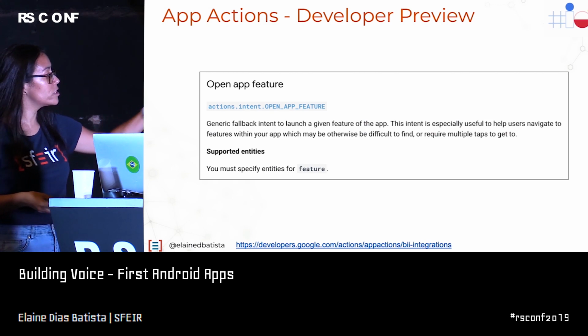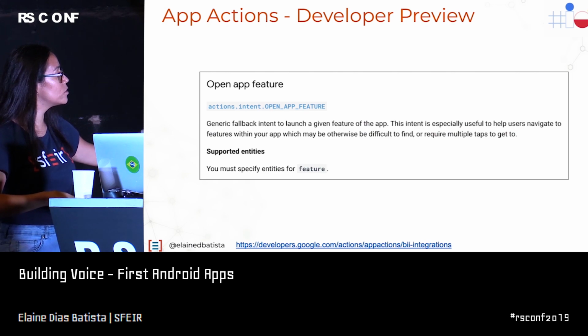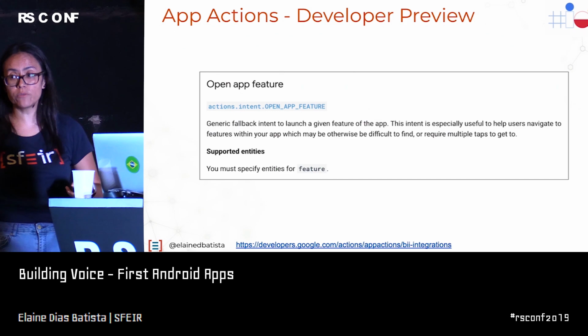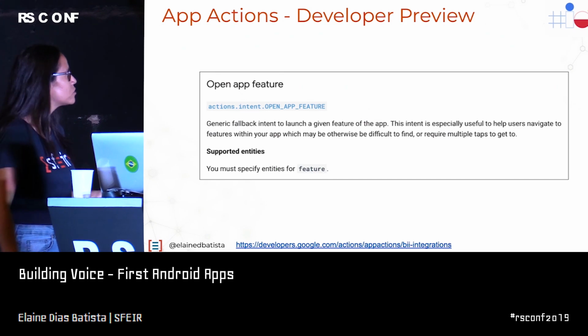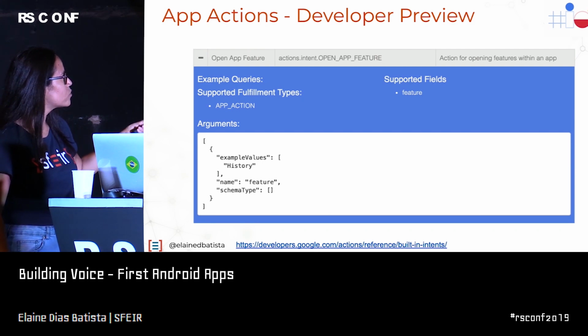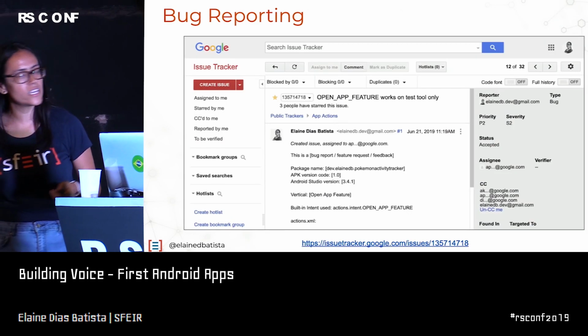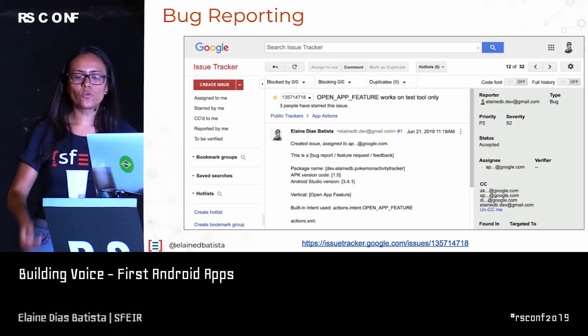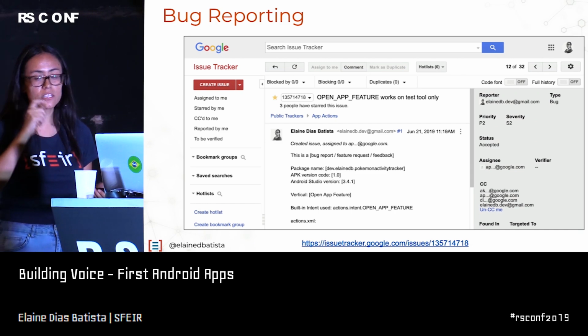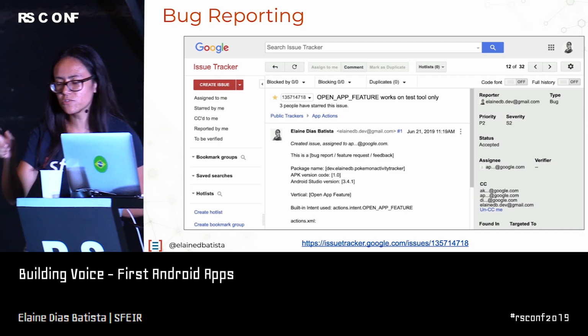Everything you have to provide to the action is the name of the feature, and the user will be redirected to the feature. So this is the kind of value that it is expecting. You can see there are no example queries, but it's early stage. It works with the test tool that I will show you on Android Studio, but it does not work if I go directly to the Google Assistant.